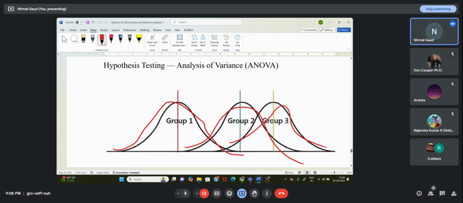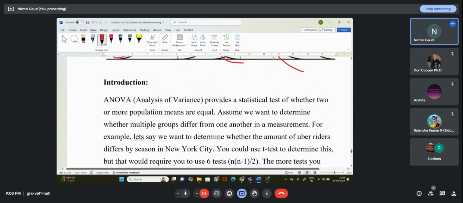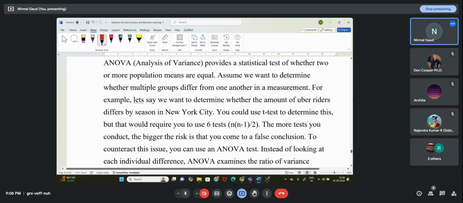There could be different groups, different samples S1, S2, S3. I need to check whether the mean of S1, mean of S2, mean of S3 are same or not. This is the null hypothesis. If it is not same, alternate hypothesis. Okay, fine.